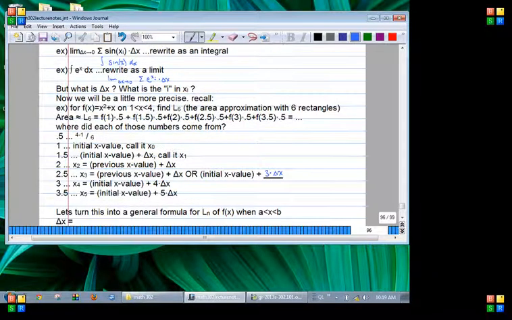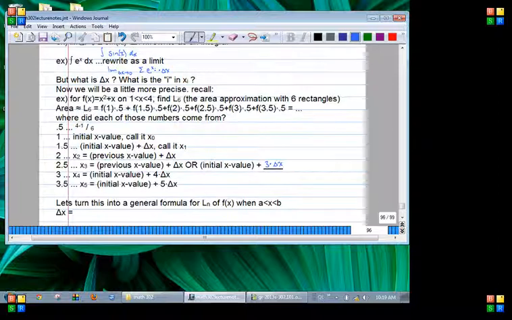So what is delta x, in the case of finding Ln for the function f of x when x is between a and b? B minus a over n, that's going to be your delta x.